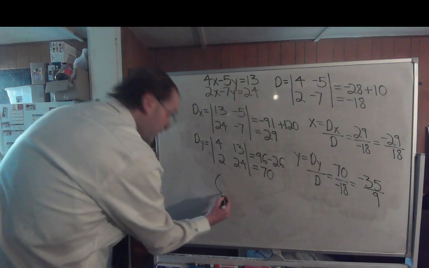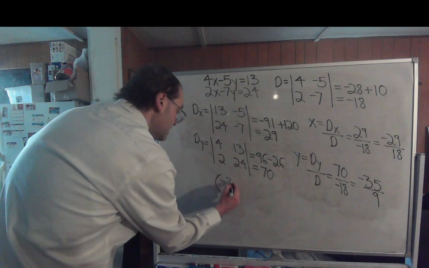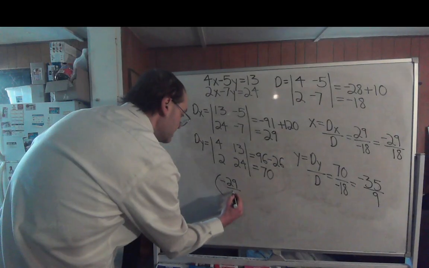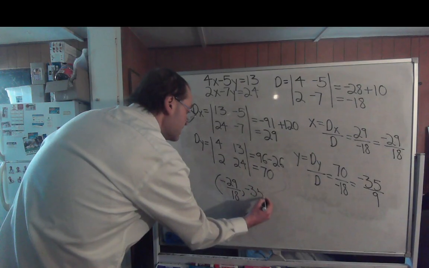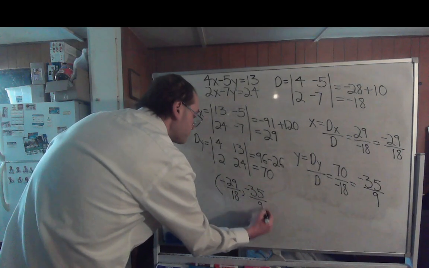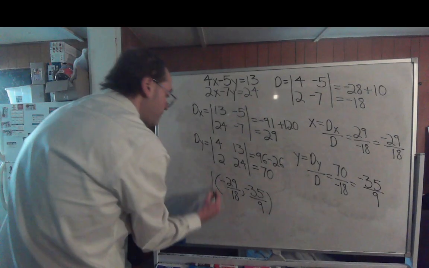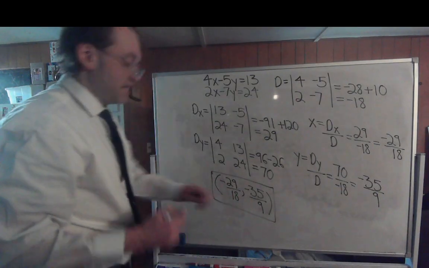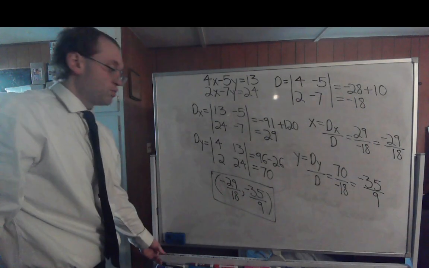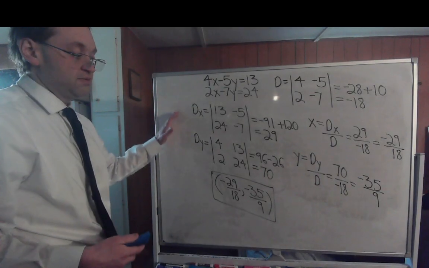So the ordered pair that's the solution is going to be negative 29/18 and then negative 35/9. So yes, you can get fractional answers still, but negative 29/18, negative 35/9 would be the ordered pair that's the solution to this system of equations.